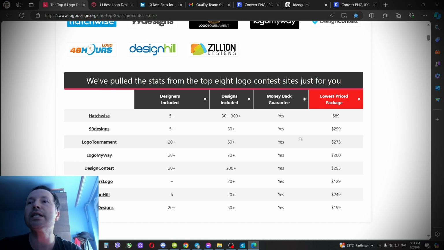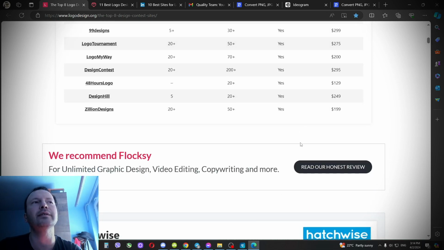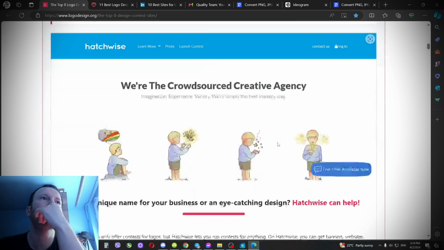And there is always a checkbox for whether it's guaranteed or not. It's very rare that a contest holder says, oh, I don't like any designs, I want my money back, I don't want to give any money to anybody. It's very rare, but it can happen if the money is not guaranteed.